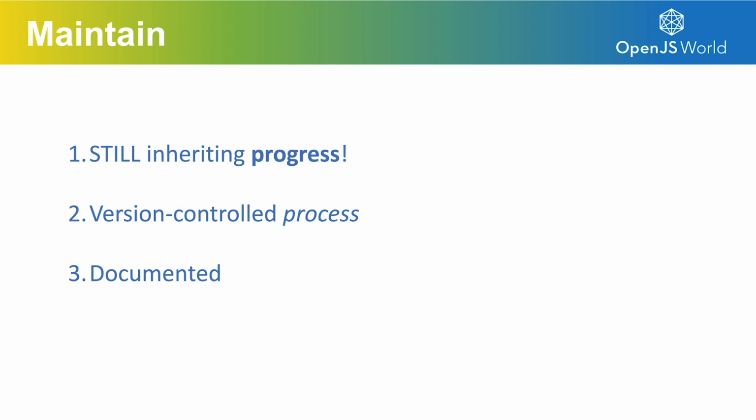So you can see that the maintenance process is still inheriting progress from all of the phases before it. You can also start to see that the process itself can be version controlled, simply because you can maintain multiple versions of your CLI, such as a fork or another feature branch, anything that you really want.